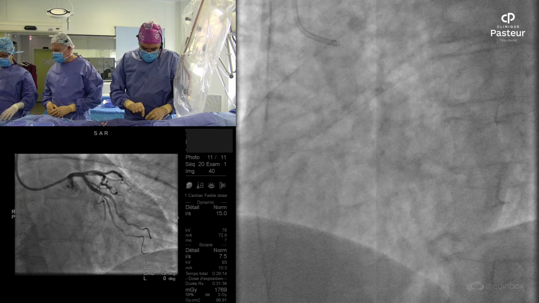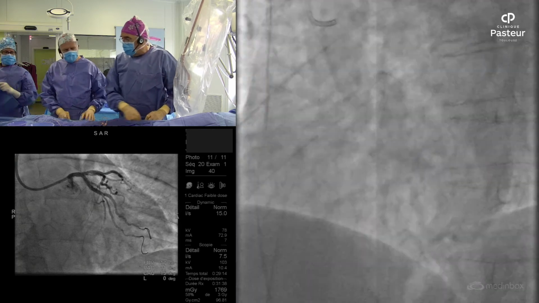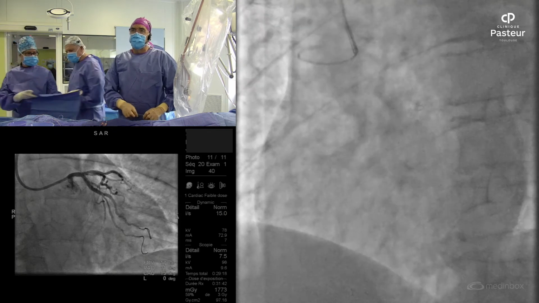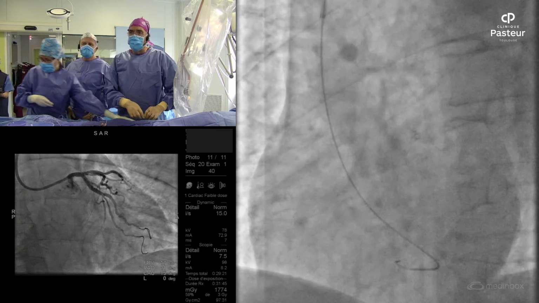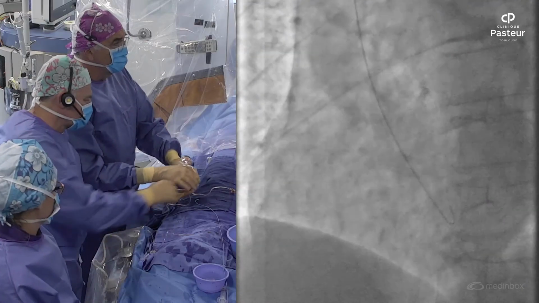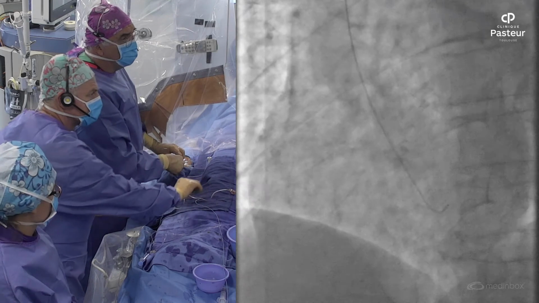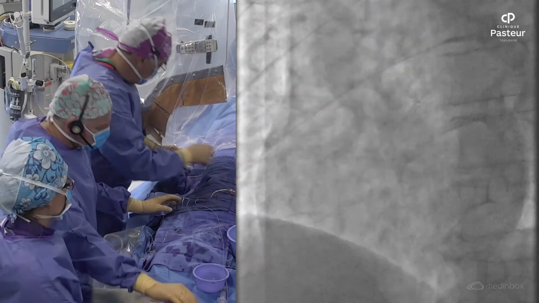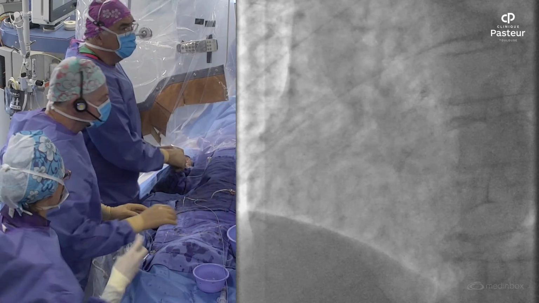Because on the thallium scintigraphy, the large ischemia area was in the lateral wall. And you say that it was around 15% narrowing. So it was quite a large zone.